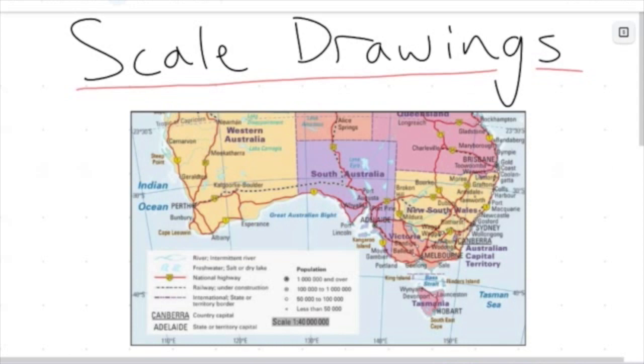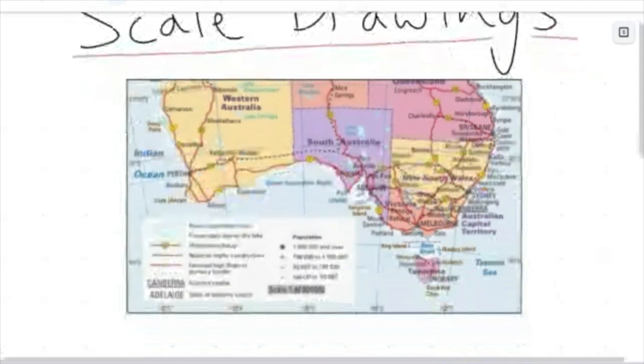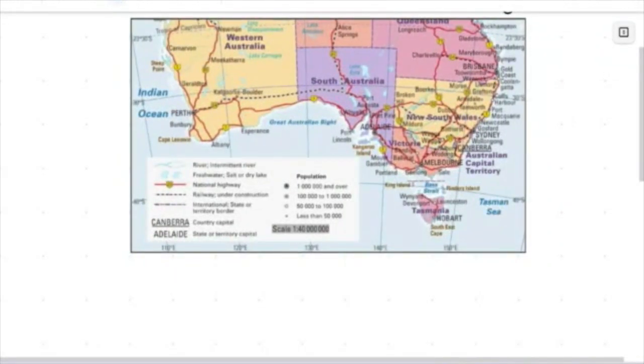Now, these scale drawings, as you can see, I've got a map down here. This is the map of Australia, where I'm from. An important thing to note about any scale drawing, now this can be a map. I know some of you may not be used to seeing maps, especially in this new digital age. But back when I was younger, we had street directories and maps.